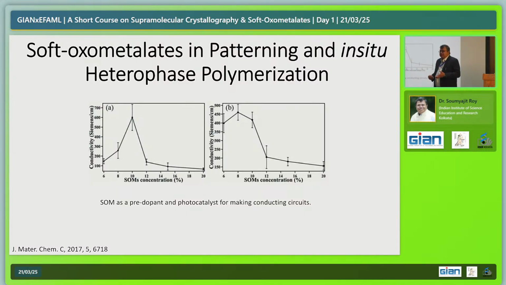Plastic conductors, you know, those polymeric things which are conducting. So we have come across plastic conductors, and the conductance is also not that bad, it's around 600 Siemens per centimeter. Not only that, when we used it with pyrrole, we also got these types of conductivities, and we saw that beyond a certain concentration, the conductivity goes down.